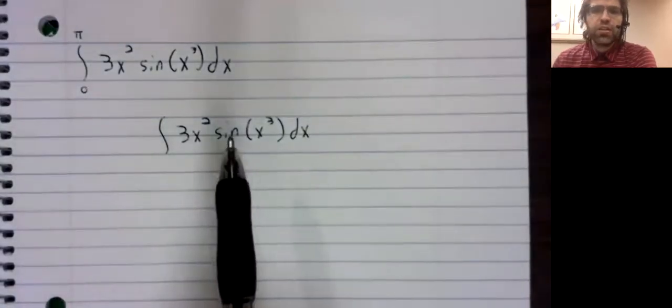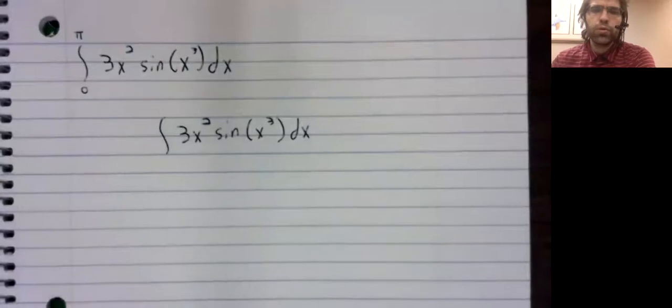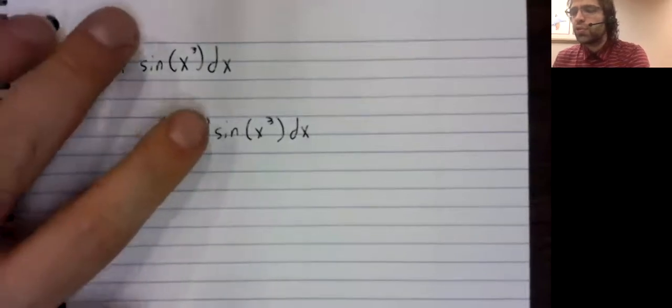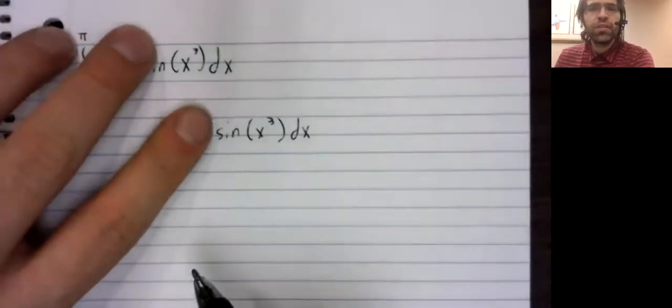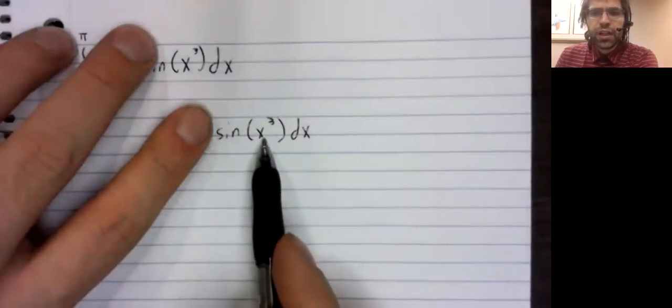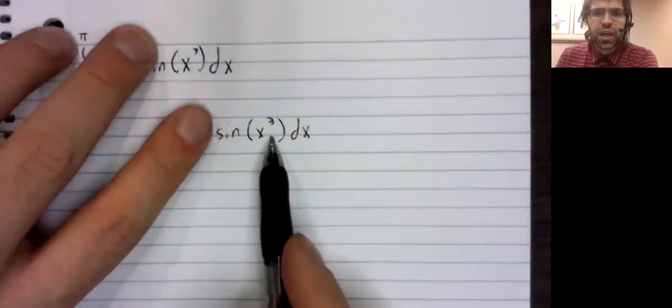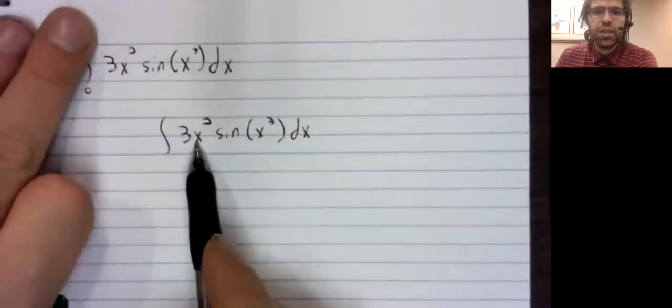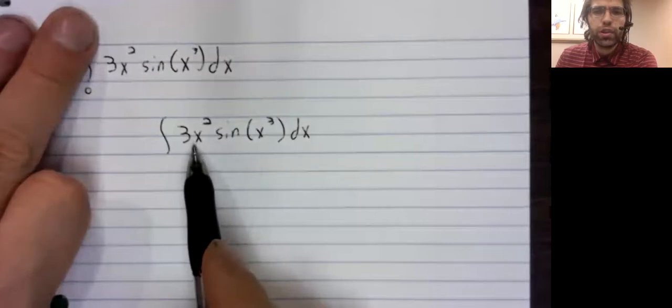This is a classic case for U substitution. Remember that you use U substitution when you have composition, and the derivative of this inside function appears inside your integral.